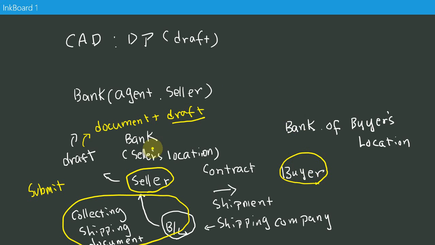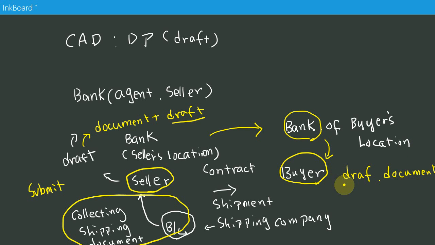Then this bank checks the document and draft, files it, and sends it to the buyer's bank, the bank located at the buyer's location. Then this bank will again submit the draft and document.